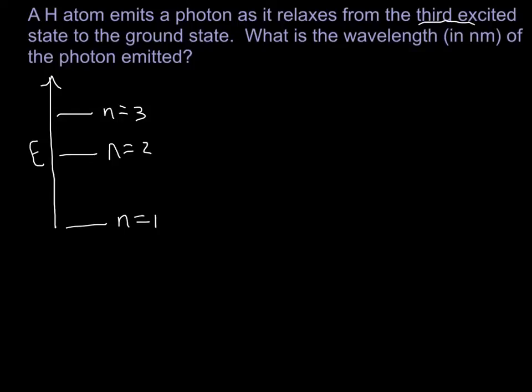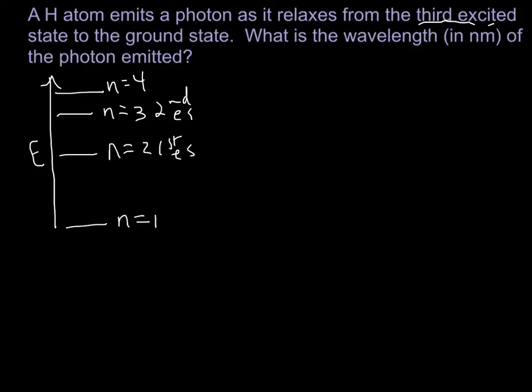Let's look at the third excited state. The ground state is n equals 1, the first excited state is n equals 2, the second excited state is n equals 3. So we need to go up to n equals 4 for the third excited state.